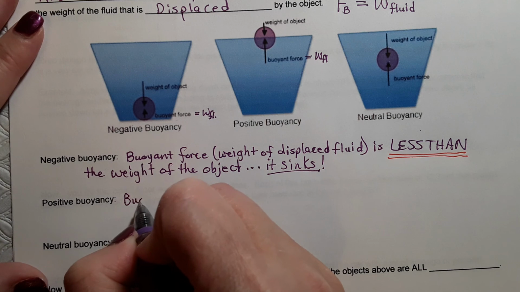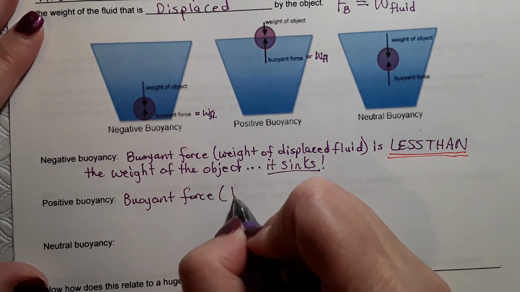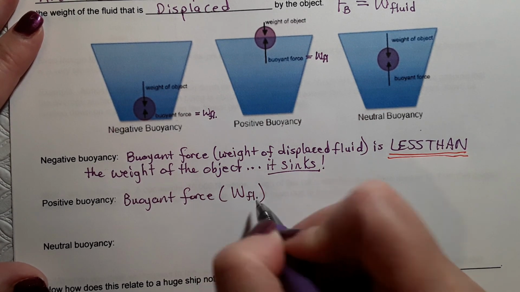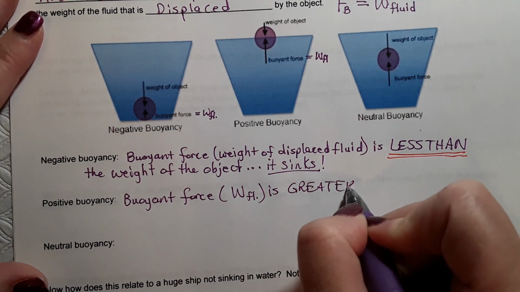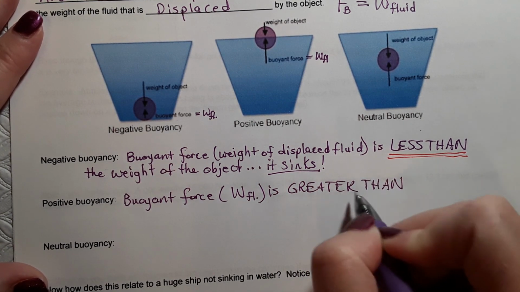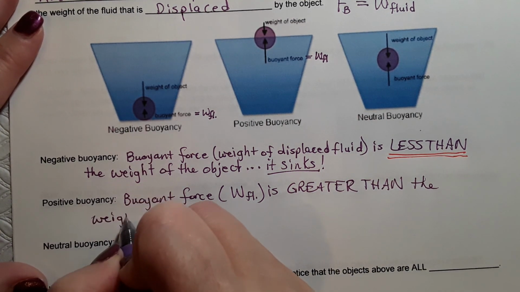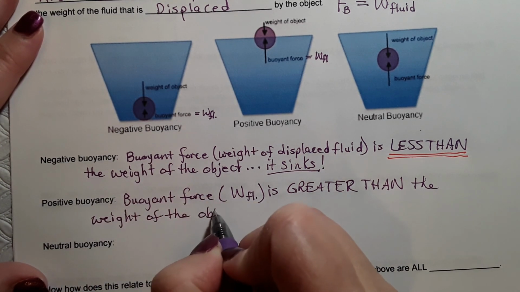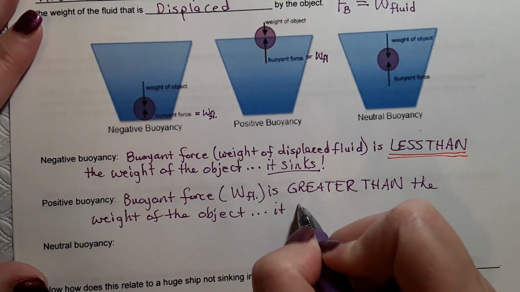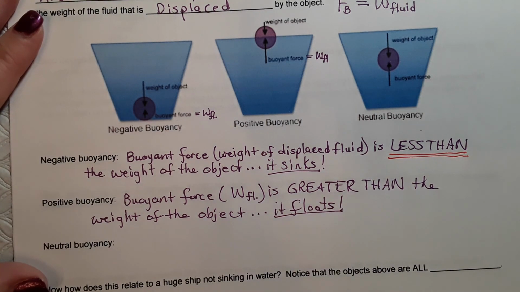So when the buoyant force or weight of the displaced fluid is greater than the weight of the object, it floats. The object will float. Okay, and I'm going to underline greater than right there.